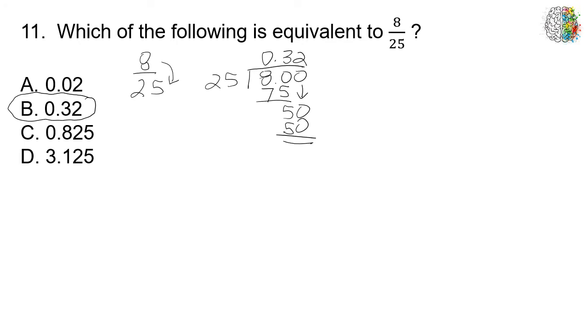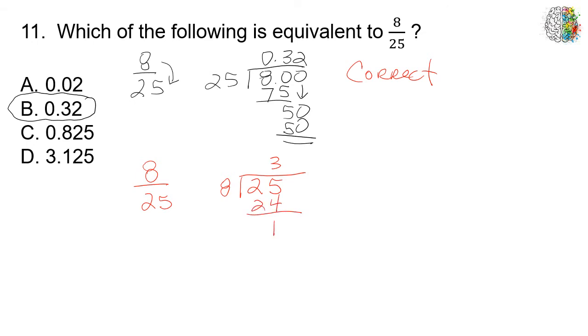Now, where they're going to catch people is if they do the division incorrectly. So this is the correct one. If I set it up incorrectly and put the top number on the outside, the bottom number on the inside, 8 can go into 25 3 times. Going to add my decimals. 8 can go into 10, oops, not twice, once.